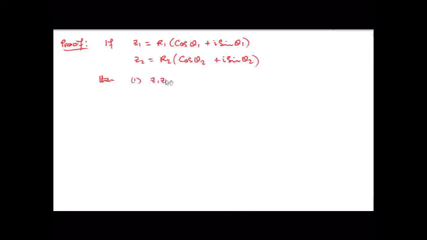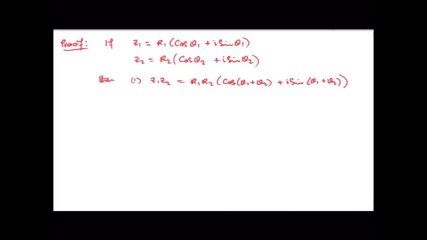If z1 equals r1 into cos theta 1 plus i sine theta 1, and z2 is equal to r2 into cos theta 2 plus i sine theta 2, then number 1, z1 z2 equals r1 r2 into cos of theta 1 plus theta 2 plus i sine of theta 1 plus theta 2.